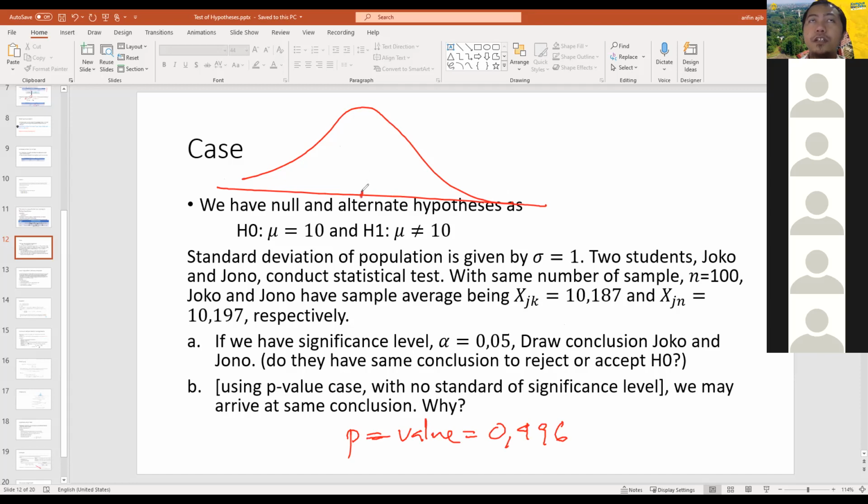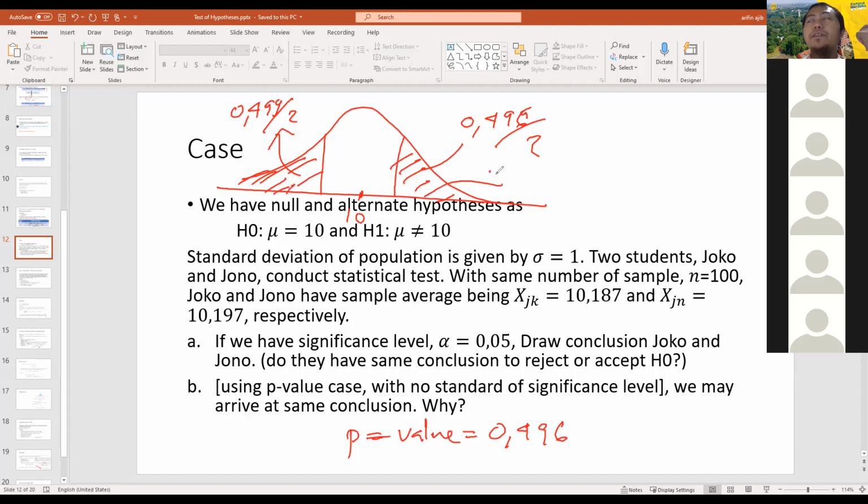So if here is 10 and it's around here, then this one is 0.496 per 2, and this one also 0.496 per 2. Yes, that's the meaning of p-value here.